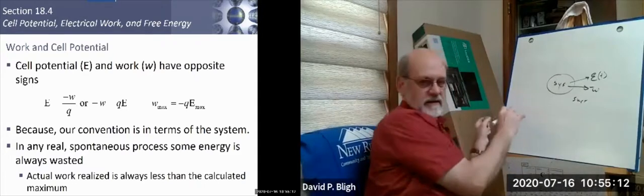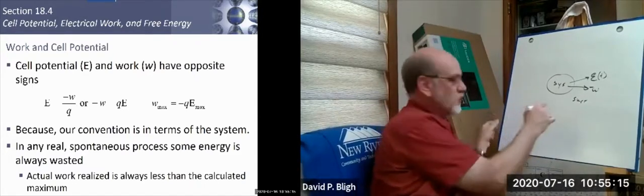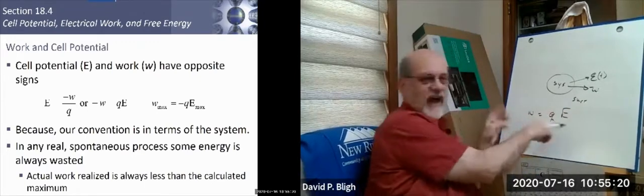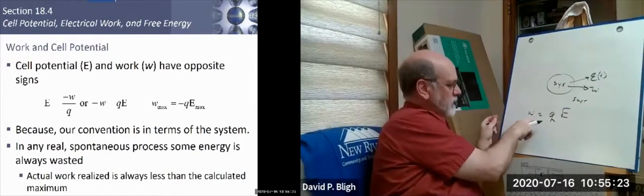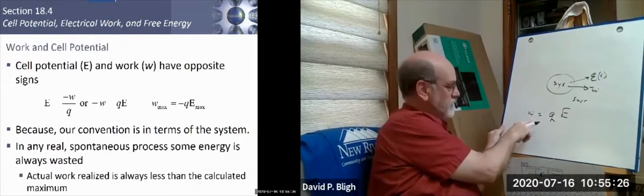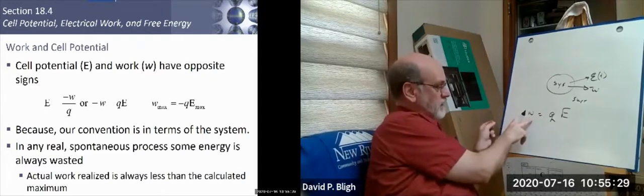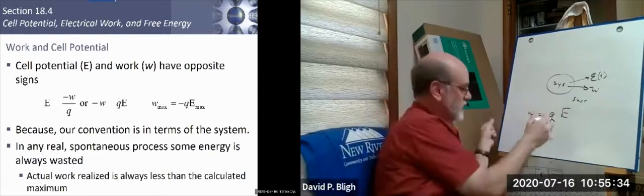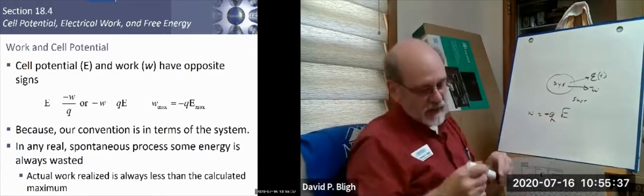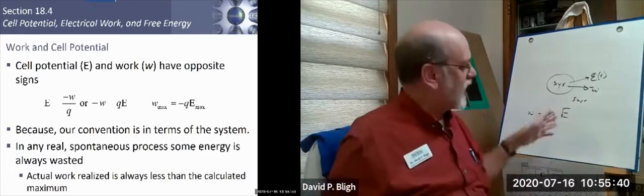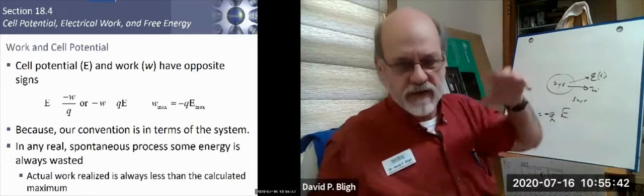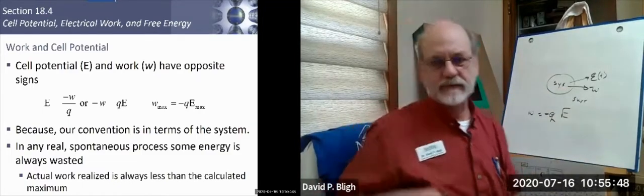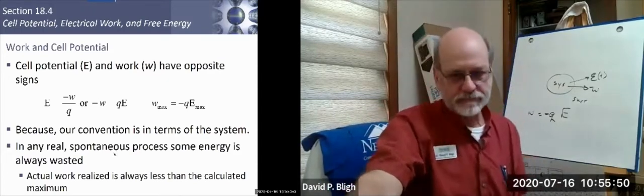If the work being done is equal to how much charge is transferred times the voltage involved, the signs won't match. This sign needs to be negative in order to be working on surroundings, or extracting work from the system. So that's why we put a negative sign there, simply to maintain the sign convention of everything we do in terms of what happens to the system. That's the sole purpose of that negative sign.